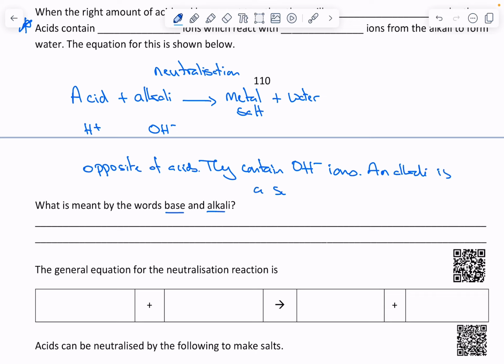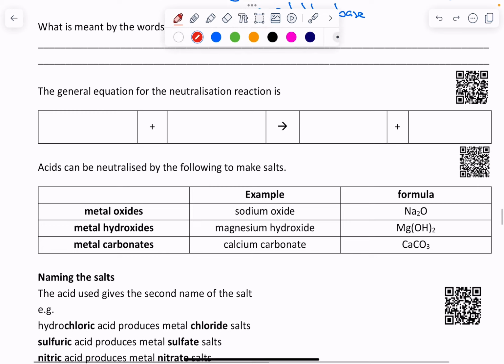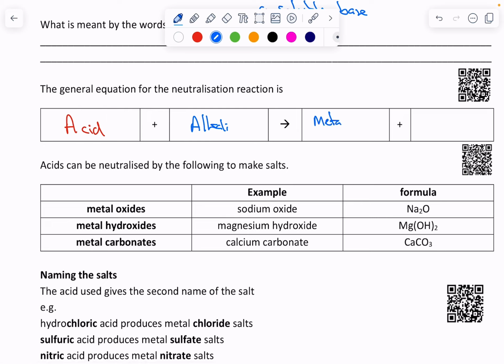There's a bit more for you to do in this next bit. So in this bit now, we're looking at the general equation for neutralization, and to help me, I'm going to change the color of my pen a little bit here. So we take an acid, we react it with an alkali or a base, and in that neutralization reaction, that is going to make, I'm going to write this in this way, a metal salt and, picking a different color, water.